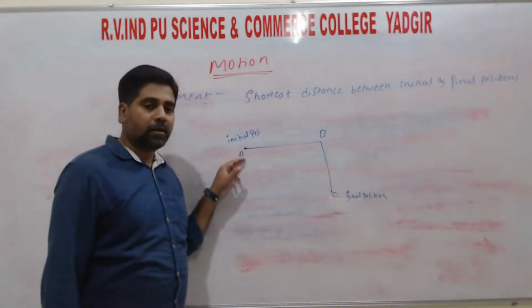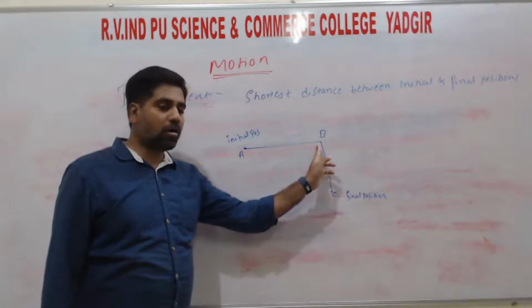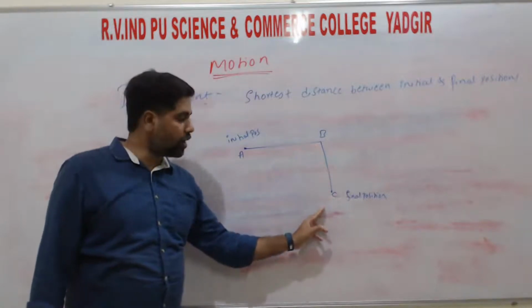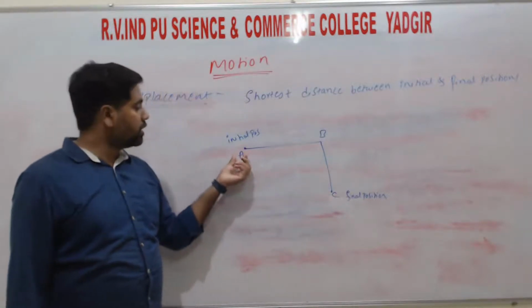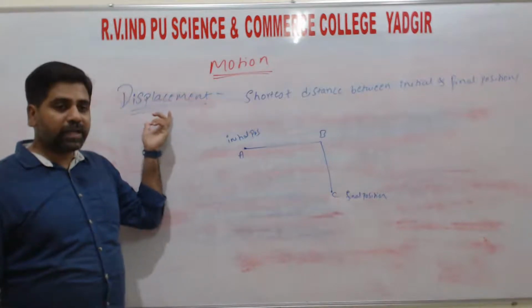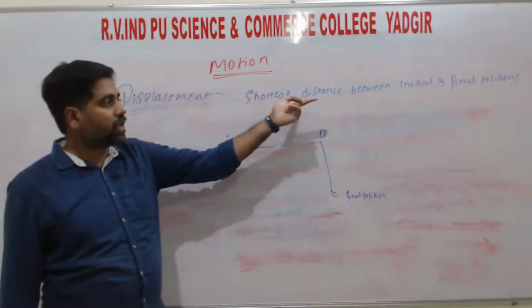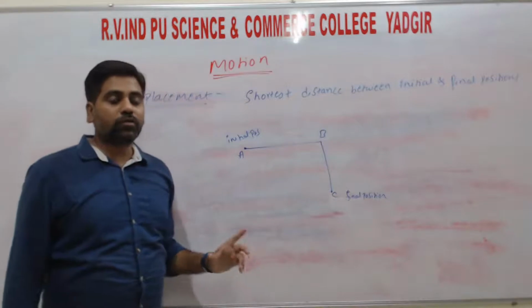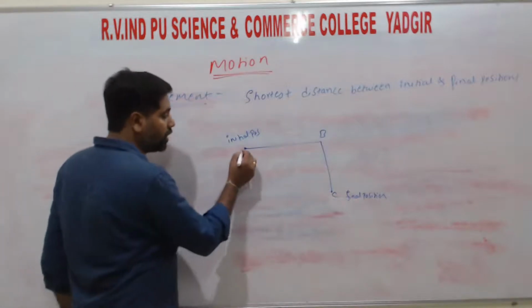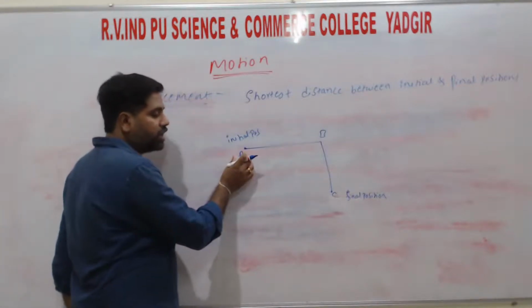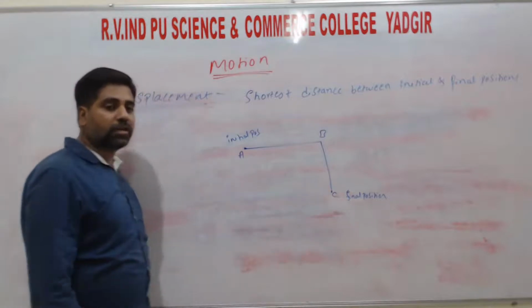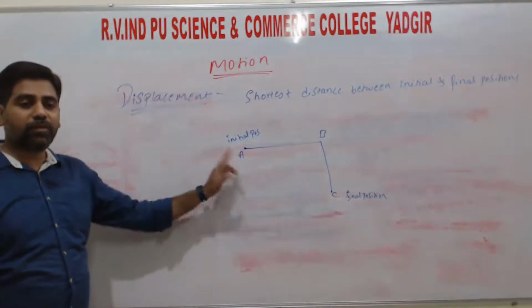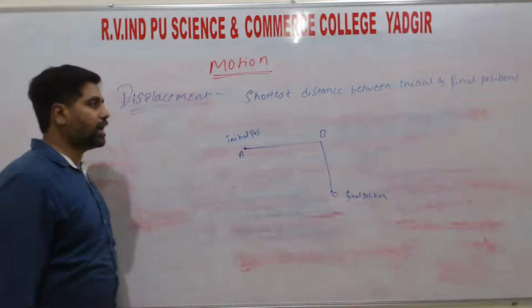It traveled from A to B along horizontal and then vertical from B to C. So in the definition, displacement is the shortest distance between the initial and final position. So shortest distance is nothing but if we draw a line between the initial and final position, that gives the shortest distance between those two points, right?